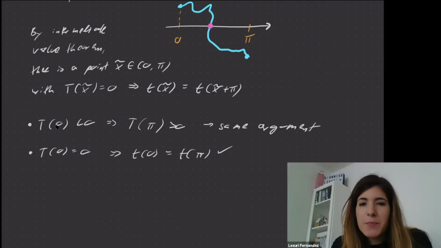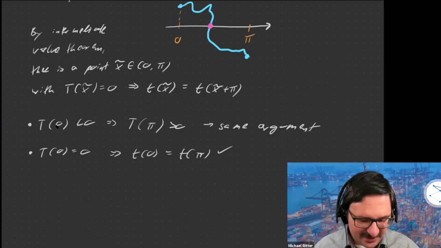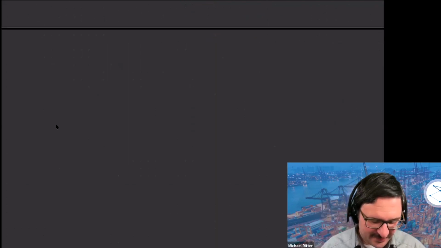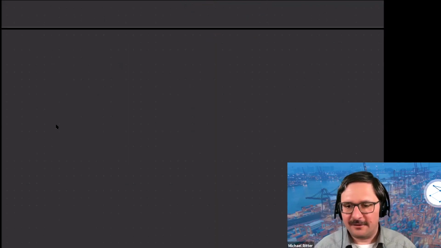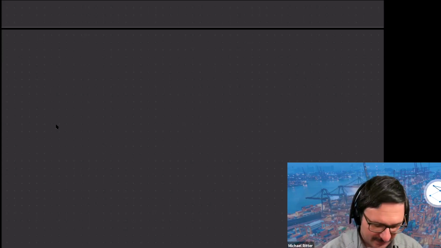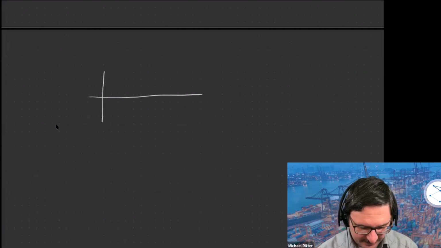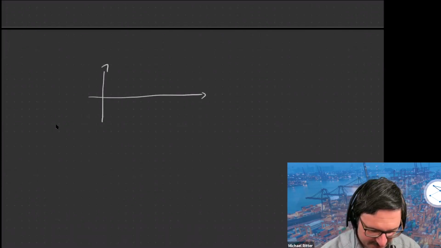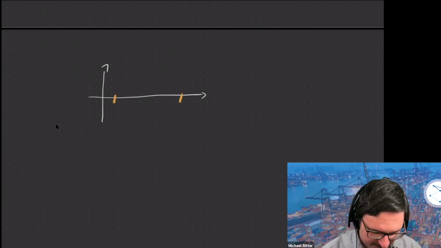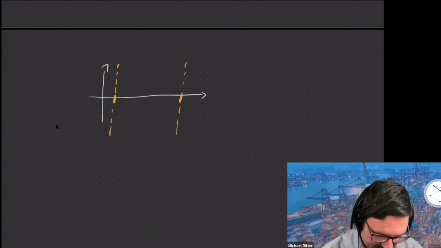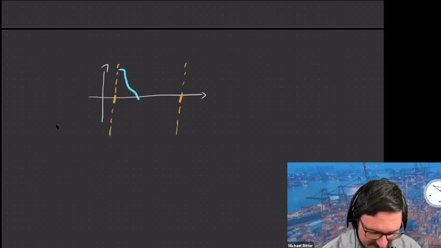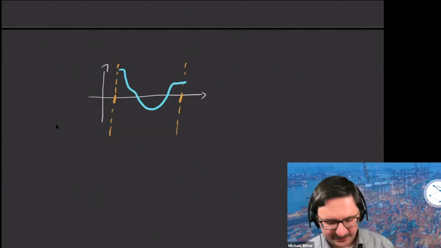Okay, then can you explain the intermediate value theorem shortly again? The idea is pretty simple. What the intermediate value theorem says is, if you have a continuous function on an interval, let's make a quick sketch here. Let's start with an interval from this point to this point, and you have a function that is continuous on that interval, whatever that looks like, for example this.